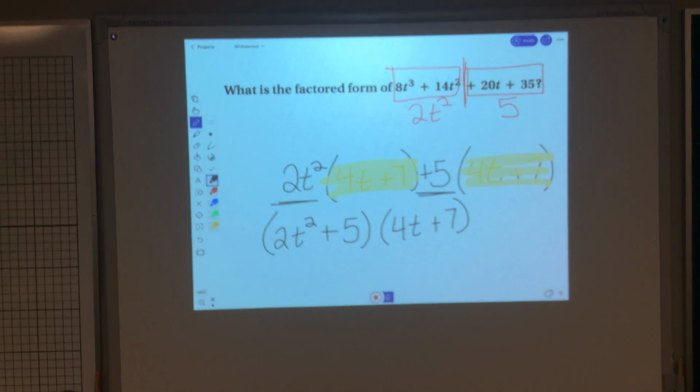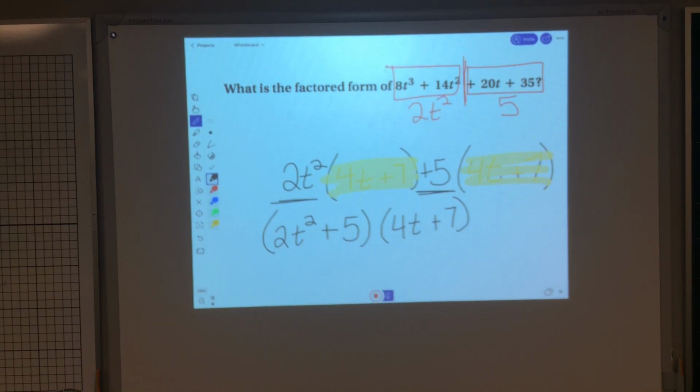Then our final step is to make sure those are factored completely. Nothing goes into 2 and 5, they're not perfect squares, so that one's factored. If I check the second one, 4 is divisible by 2, but 7 is not, so that one is factored completely.